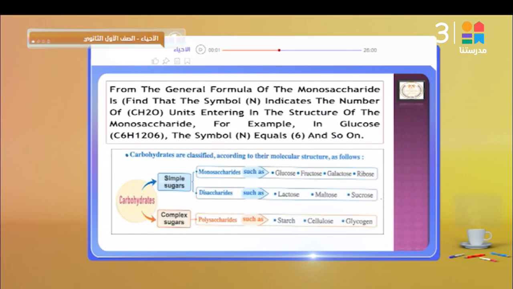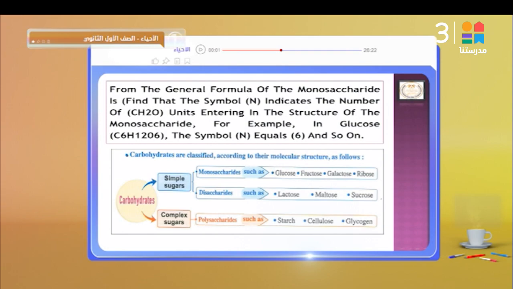From the general formula of the monosaccharides, we find that n indicates the number of CH2O units in the structure of the monosaccharide. For example, in glucose C6H12O6, n equals 6. The number of carbons is half the number of hydrogens, and the number of oxygens is half the number of hydrogens.